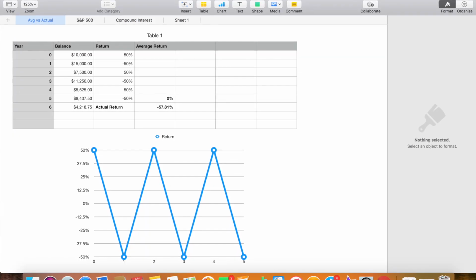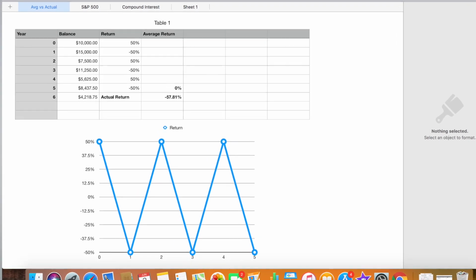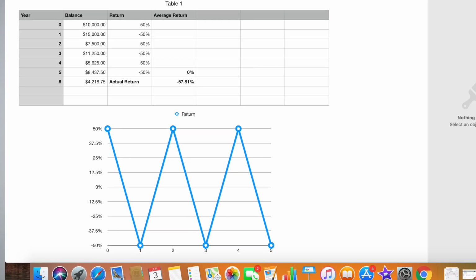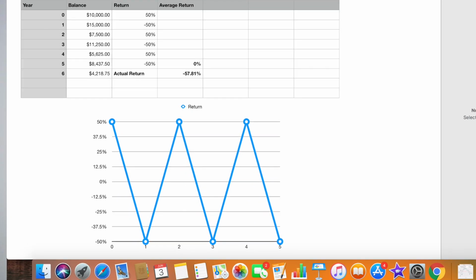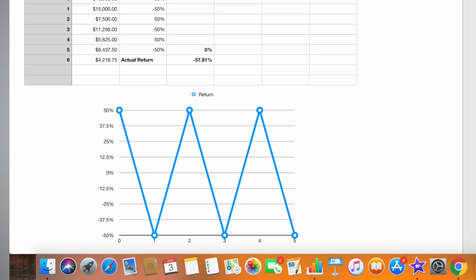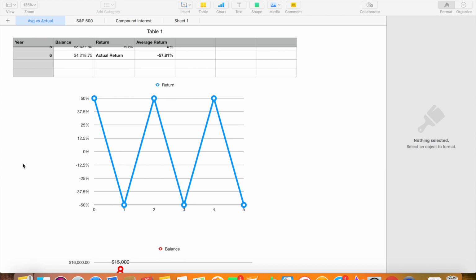This first part is very, very interesting, and it's going to determine the difference between actual versus average. You can see everything right here if you want to look ahead, but I'm going to explain everything. First, let's look at this little chart that I created for you guys.